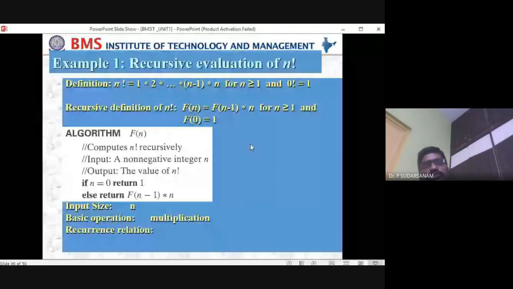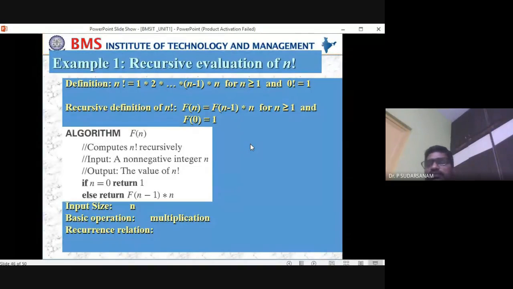You know the definition of the factorial value. Factorial is nothing but 1 into 2 into 3 into 4 and so on up to n minus 2, n minus 1 and n. Suppose if you are given 5 factorial, it means 1 into 2 into 3 into 4 into 5.